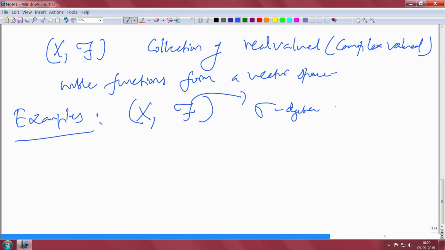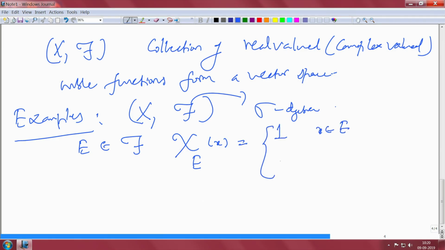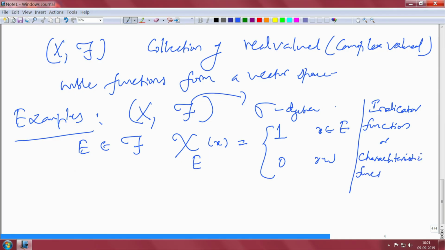Take a set E in the sigma algebra, and define chi E. Chi E is called the indicator function or characteristic function of E. That is the definition. It takes 1 when x is in E, otherwise 0.